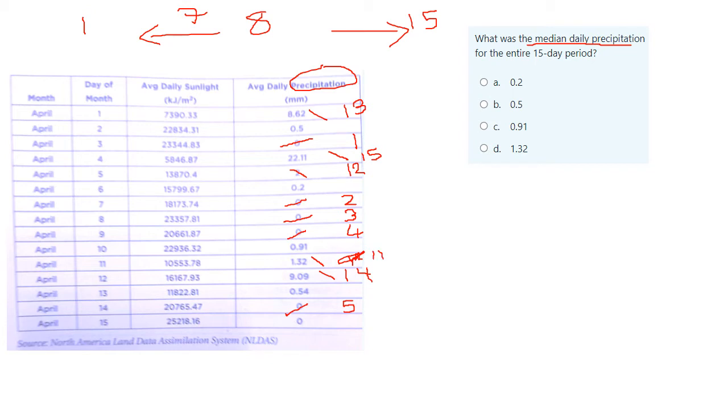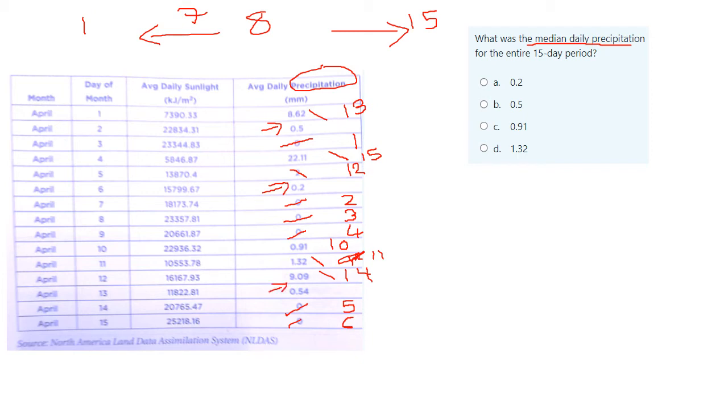The next lowest is 0 still, so that's number 6. And let's look at the highest. That would be 0.91, so that would be number 10. The next lowest, what do we have left? We have 0.5, we have 0.2, and we have 0.54.